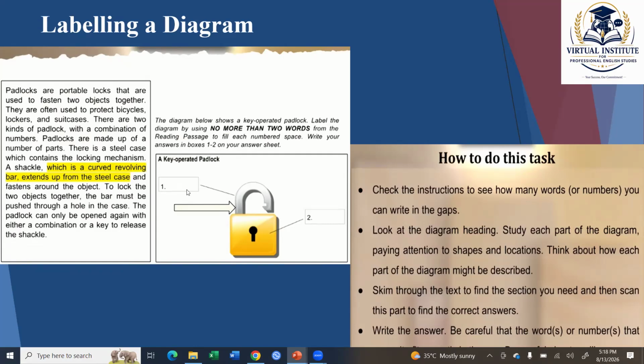Now, if you look here, here is an example. A shackle, which is a curved revolving bar, extends up from the steel case. So, what is the right answer here? Atika, can you tell me?